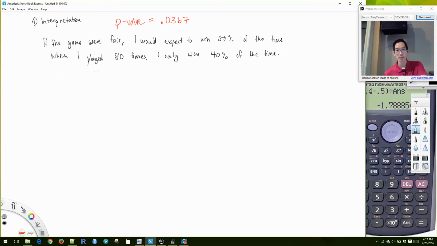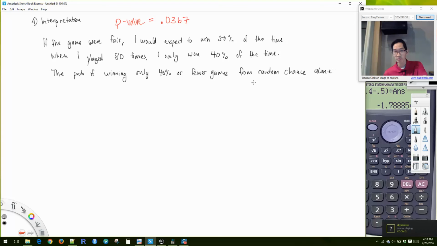Okay? The probability of winning only 40% or fewer games from random chance alone is only 0.0367.